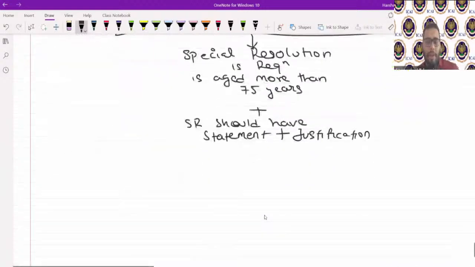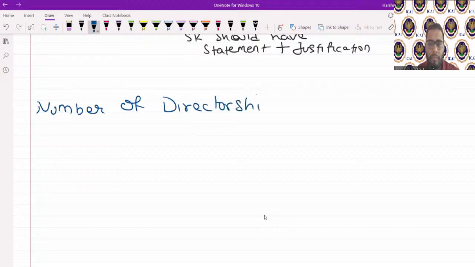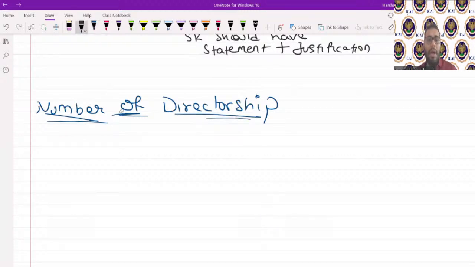Now there is also a limit on the number of directorships, a ceiling on the limit of directorship. As per regulation, directors of a listed entity shall not be a director in more than a specified number of companies, that is, the maximum directorship they can hold.